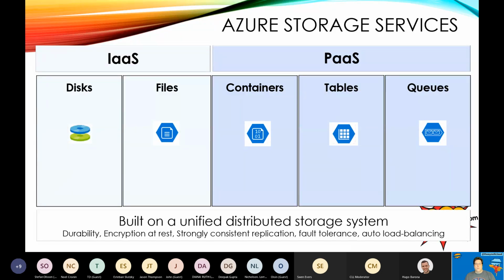So when we talk about the Azure storage services themselves and what categories they fall in, in terms of infrastructure as a service and PaaS services, platform services, there are different services that fall in and are utilized depending on what the service is.